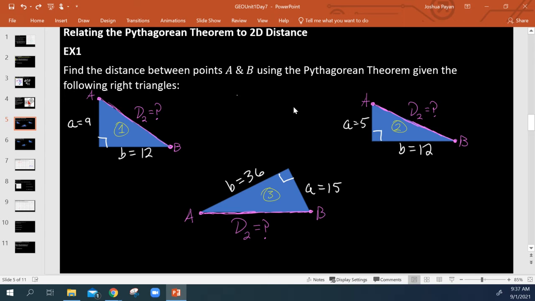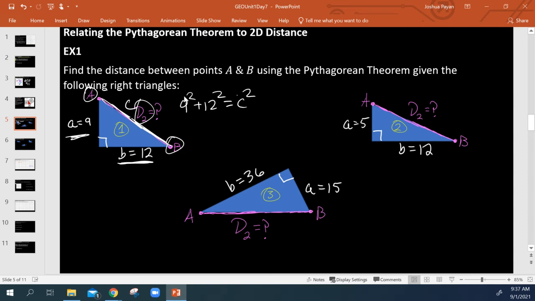So if I want to know my two-dimensional distance between these two points, A and B, well, I can treat this as B, A, and this guy is C. So A squared plus B squared equals unknown C squared, or our two-dimensional distance from A to B.